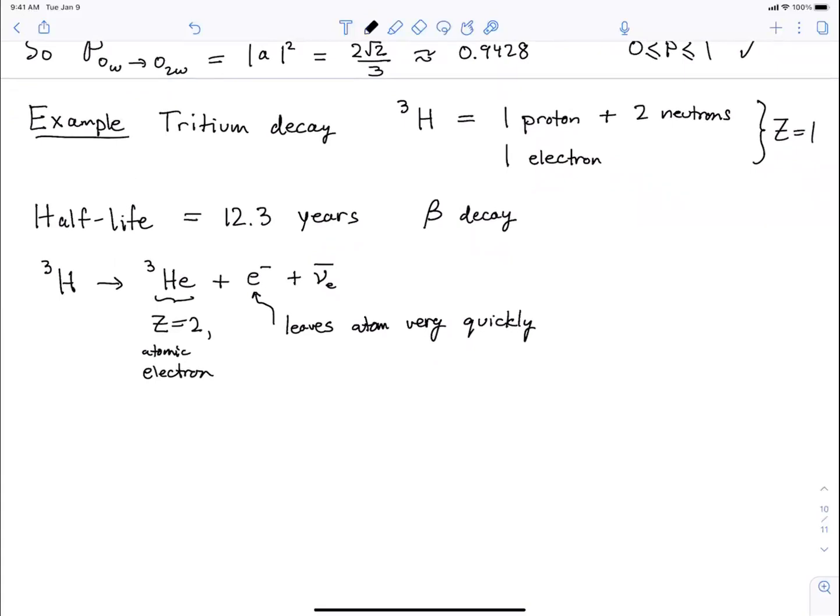It's because if you calculate how much energy it has, which you get by looking at the difference between the 3 hydrogen and the 3 helium energies, the energy is up to 0.0186 million electron volts. And the average of the energy carried by that electron is roughly a third of that.